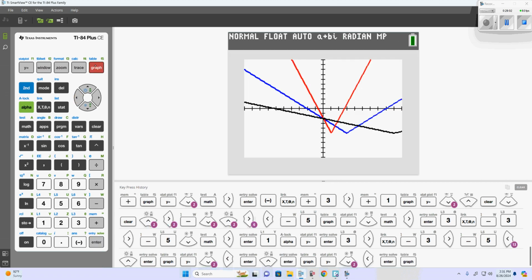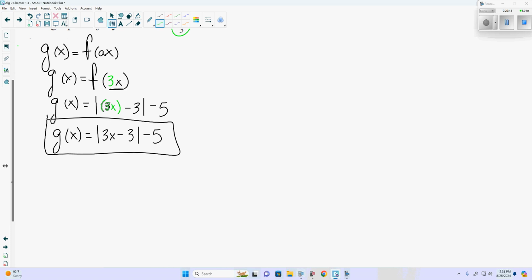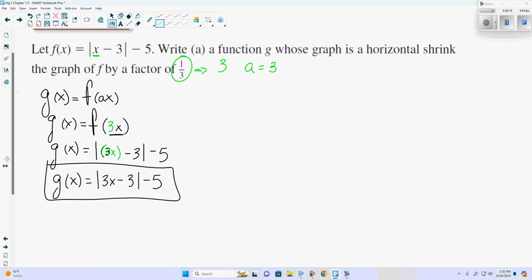Where this one here is increasing faster along the x. It's increasing slower along the y, but faster along the x. That's why it's called a vertical or horizontal shrink. It is a little bit confusing, but the key thing is, whenever we do horizontal stretch or shrink, we've got to flip that value of A, flip that value they give us before we plug it in.